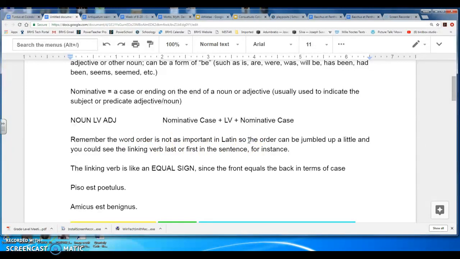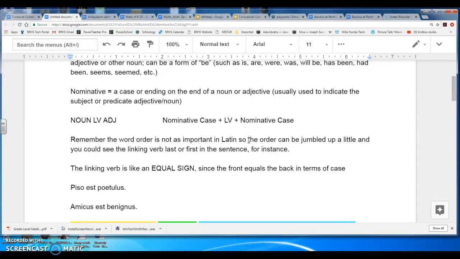So it might be jumbled up a little bit. You might have the linking verb first and then two other nominatives, or you could have the linking verb at the end. It really doesn't matter, because Latin has case endings to help us figure out what it means.